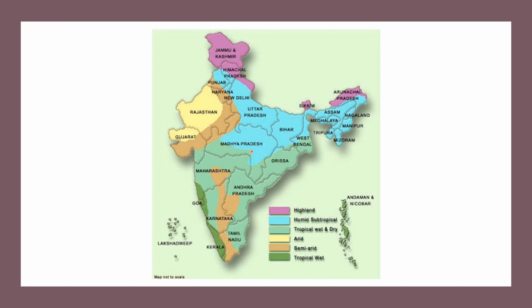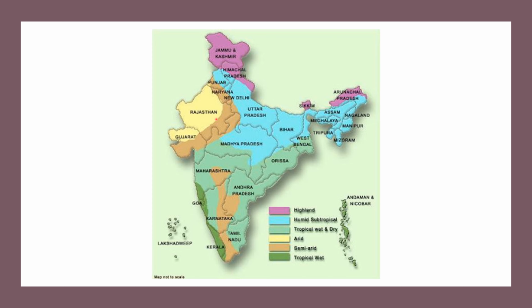All these areas of eastern Rajasthan, parts of Gujarat, and Haryana also remain semi-arid because due to the presence of the Aravallis, the winds become parallel, bringing less rainfall in this area.